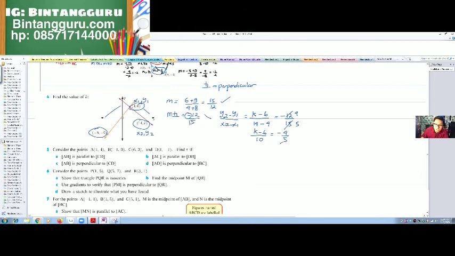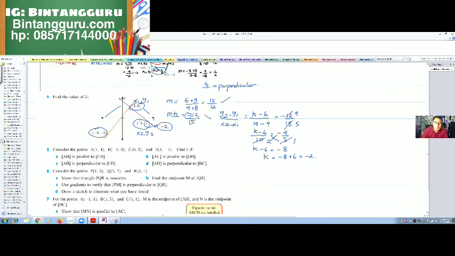Then we cross multiply. So k minus 6 equal to minus 8. So k will be minus 8 plus 6, which is negative 2. So the answer for k is negative 2.